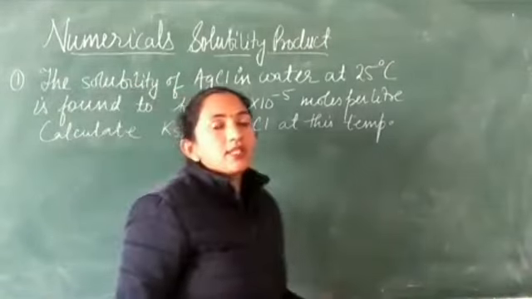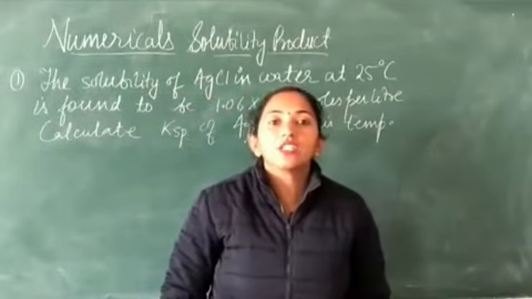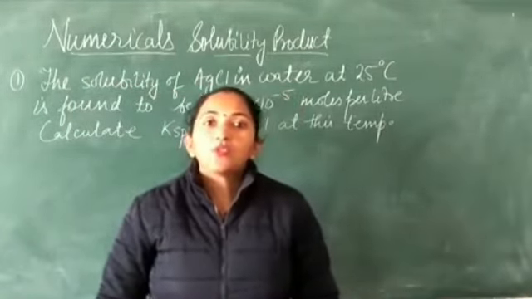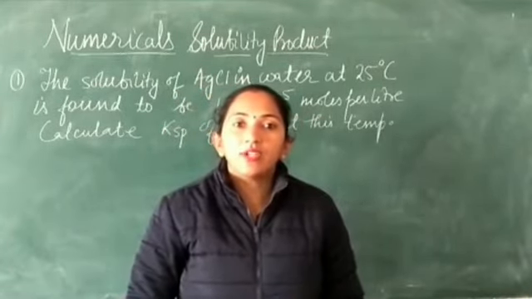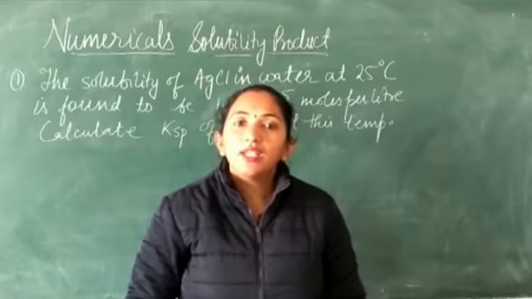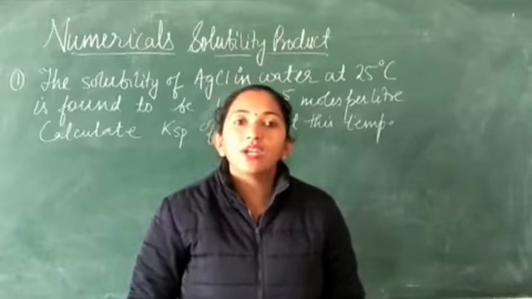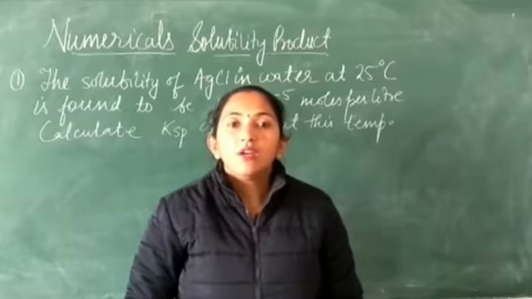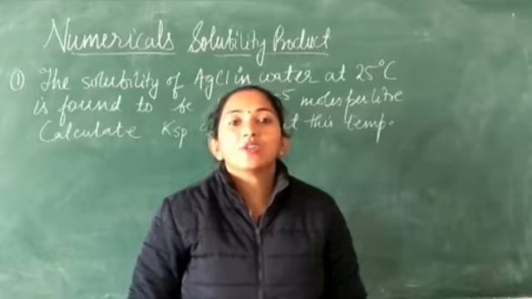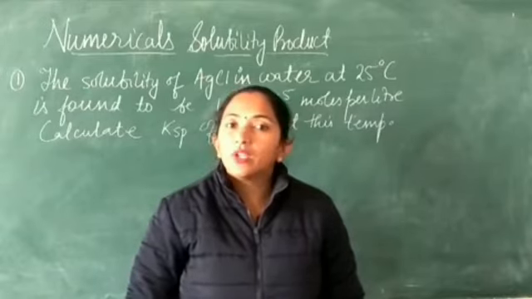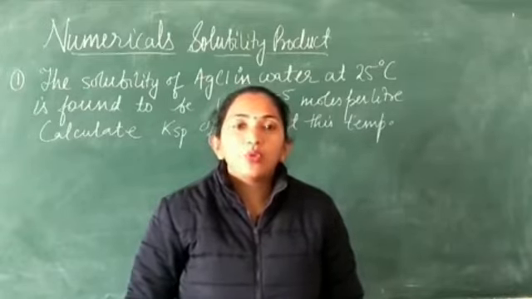Good morning students. Today we will discuss numericals based on the solubility product. Hope you have gone through the solubility product and understood the concept. What is the solubility product? It is the product of the molar concentrations of the ions formed from the saturated solution of a sparingly soluble salt at a particular temperature by 1 mole of it.